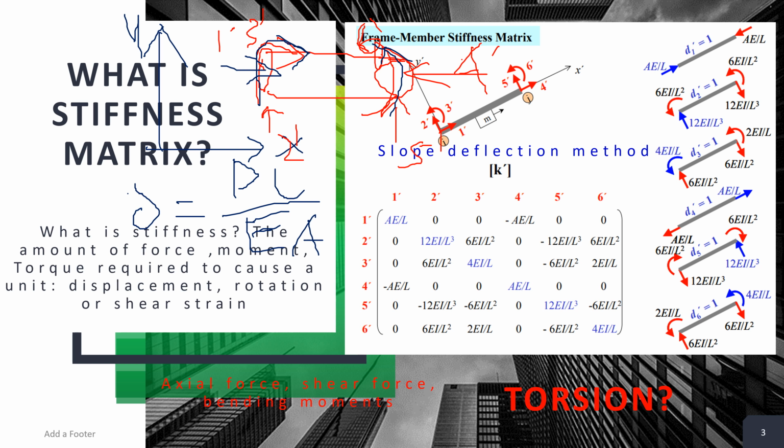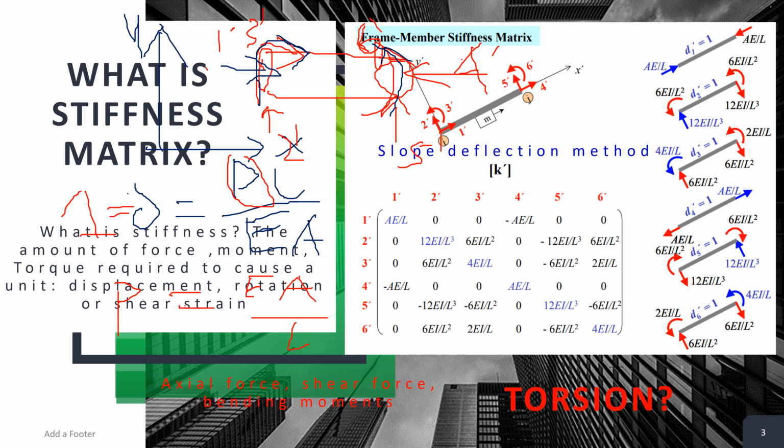But we are saying that the stiffness is the force required to make the deflection unit. So if this is 1, then the force P would be EA over L as the matrix.